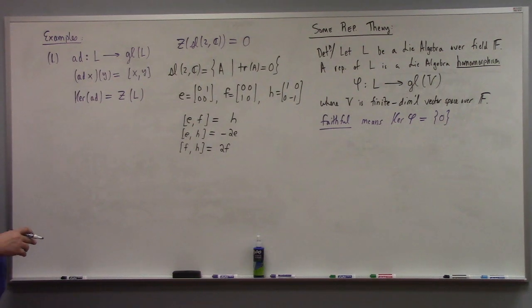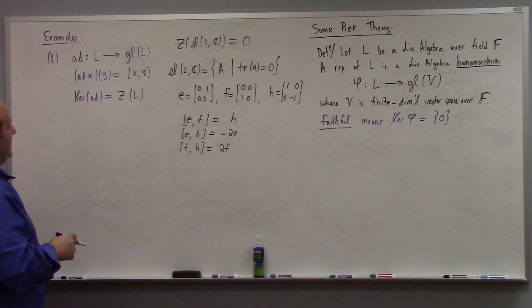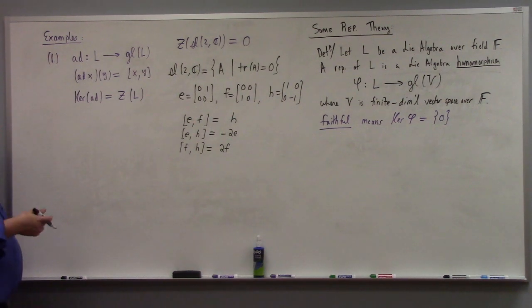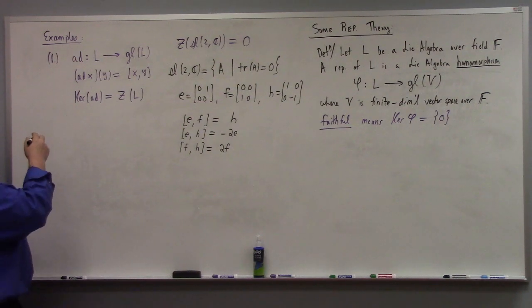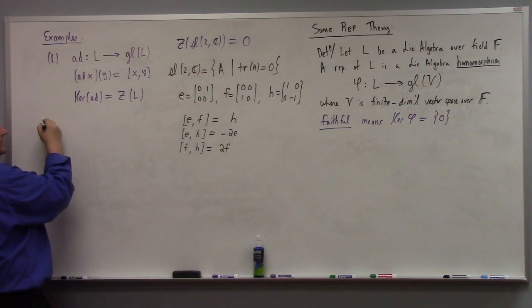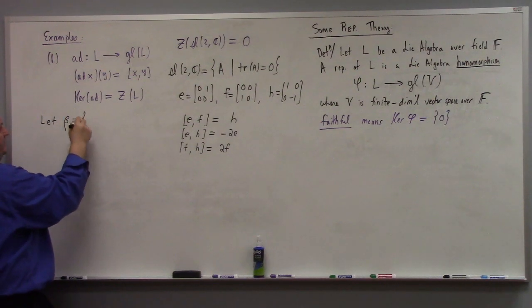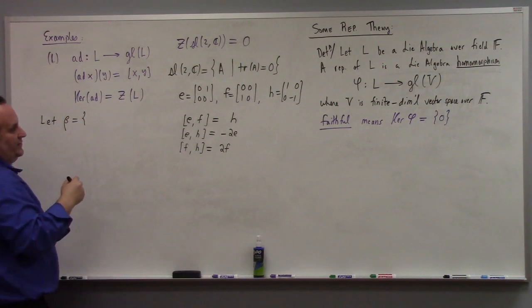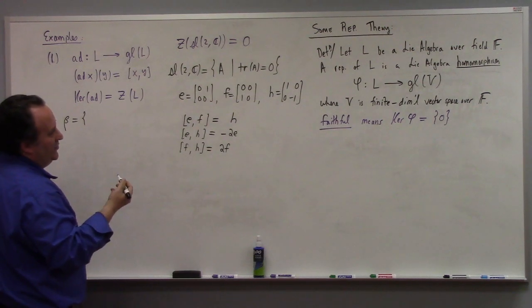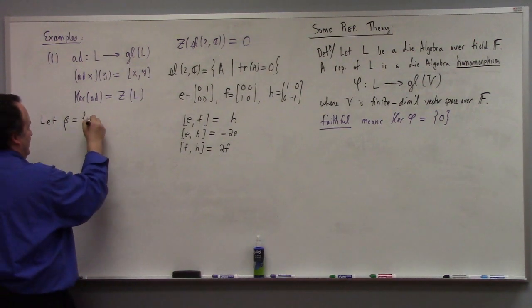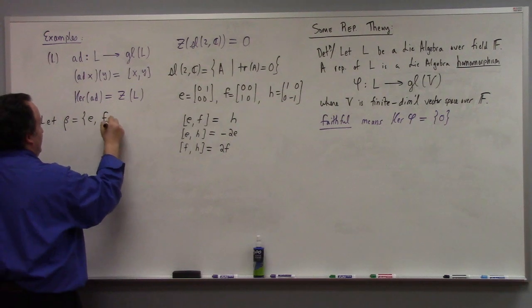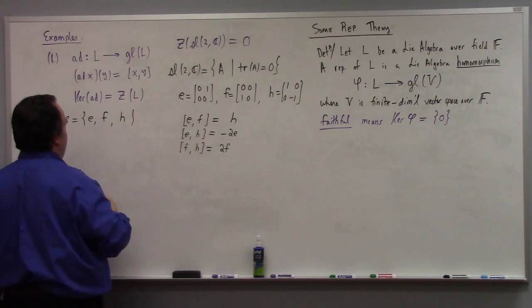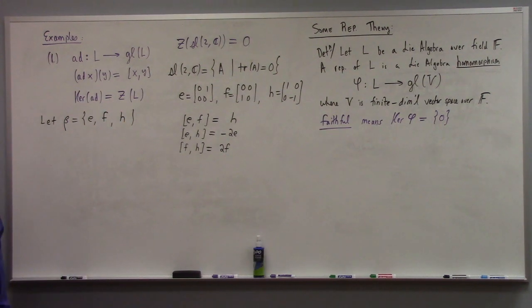Okay? So if I want to find the adjoint representation, I'm going to let my basis be, what's going to go first? Probably, I sure hope it's E and then F and then H. Otherwise, that's really annoying. So let's assume the alphabet order of the basis is the correct one.